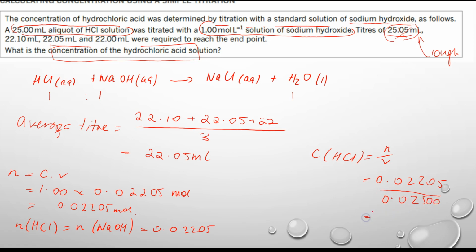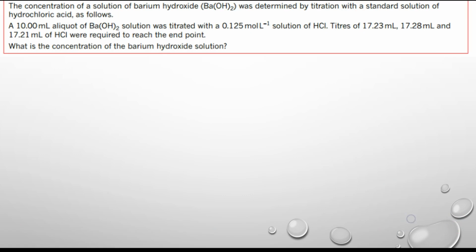So when we do that, we get 0.882 moles per litre. I'll fix those 8s up because I know you'll hate them.